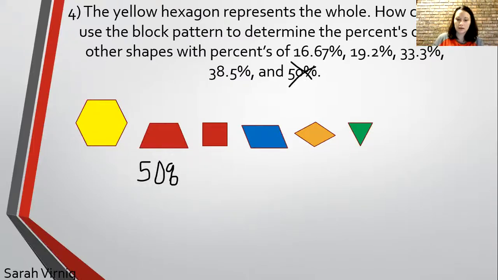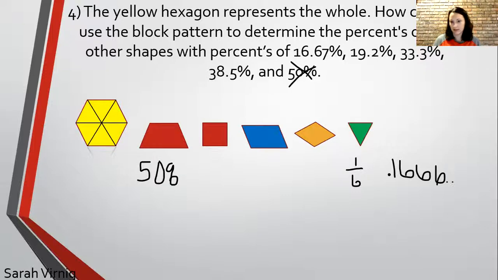All right, so let's continue. Now we're going to split the hexagon up into 6 pieces. That way we can find what our next one is. So we're going to take this triangle here, and we can see by comparing it to our hexagon that it is 1/6 of our shape. So to find the percent, you're going to divide 1 by 6 on your calculator, which gives you 0.166, and it just keeps on going and going.